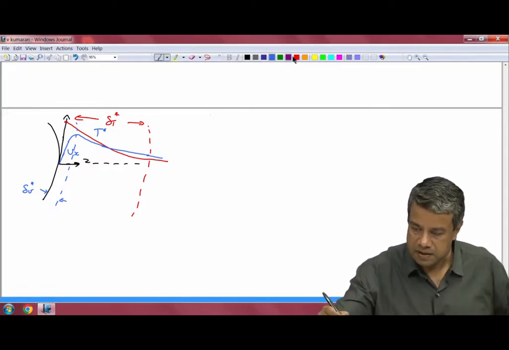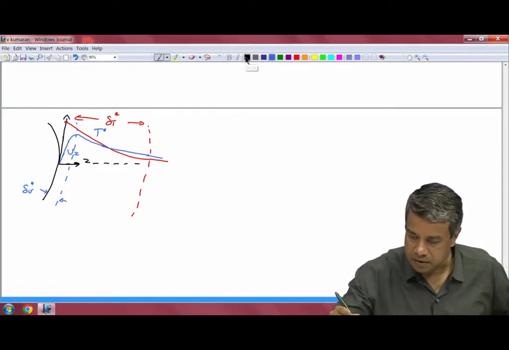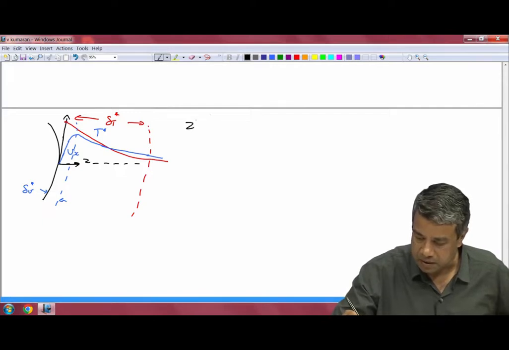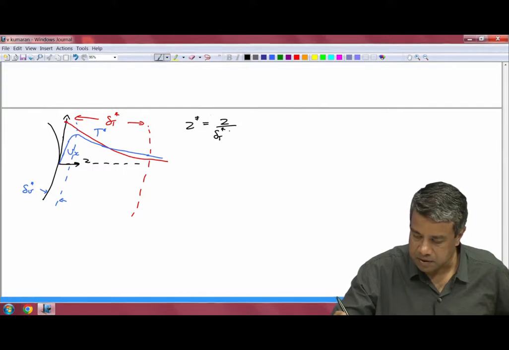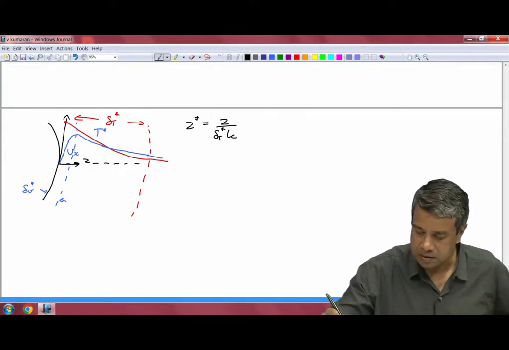So, therefore, I will rescale my z coordinate. I will call it z double dagger, equal to z by the thermal boundary layer thickness times Lc.